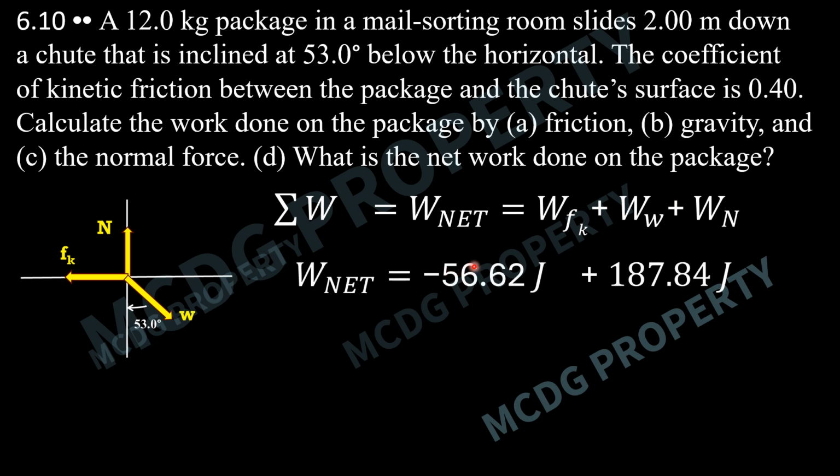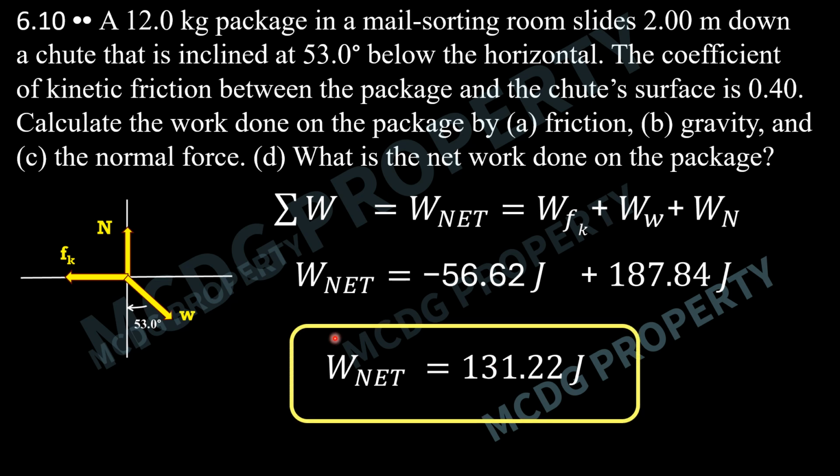The work done by friction is negative 56.62, plus the work done by gravity, 187.84 joules, and the work done by the normal force, 0. Hence, the total work done on the package is 131.22 joules.